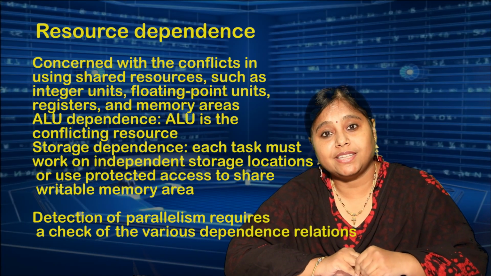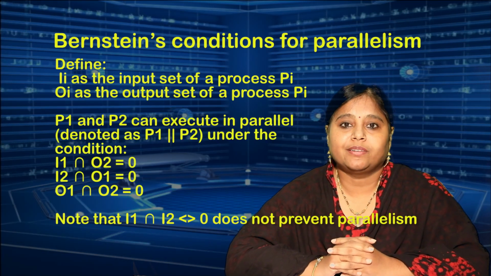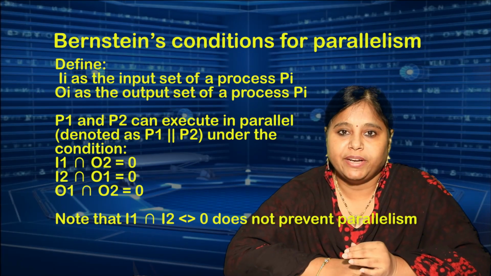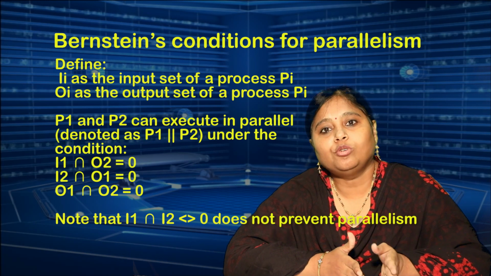So we need to avoid those dependencies using resource dependency analysis. For dependency, Bernstein, a scientist, identified some conditions. Suppose there are so many processors, n processors, denoted P1 to Pn.